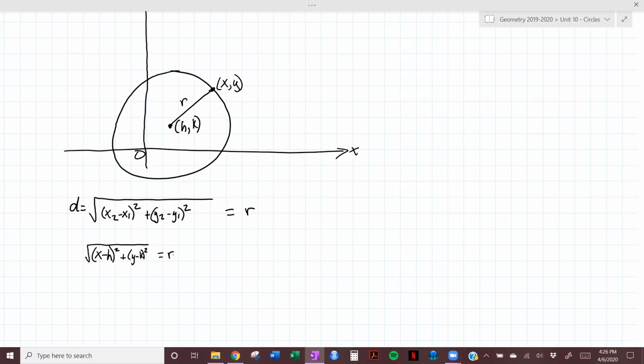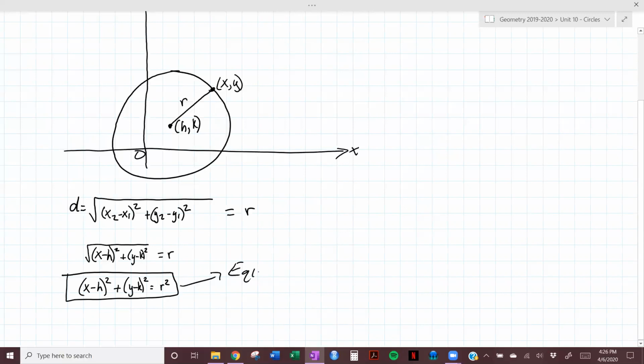So this is x minus h quantity squared plus y minus k quantity squared equals r squared. This formula right here is the equation of a circle.